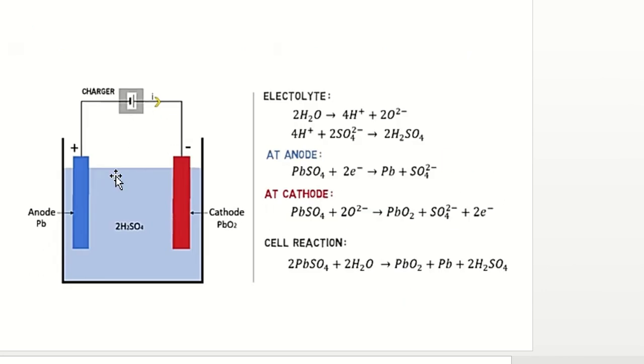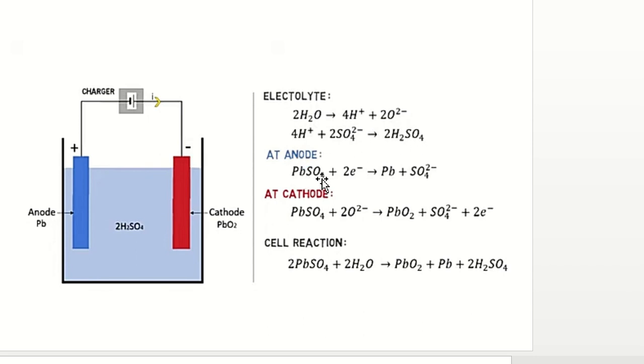This is the charging process. The anode contains lead, Pb, and the cathode contains lead peroxide, PbO2, and the solution is 2H2SO4. Electrolyte reaction: 2H2O gives 4H+ plus 2O2-, and 4H+ plus 2SO4 2- gives 2H2SO4.